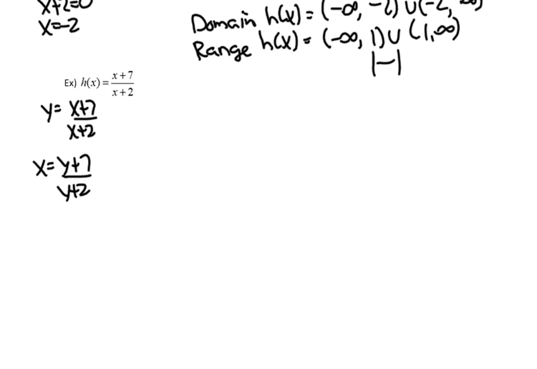Multiply both sides by the denominator. And I'm going to distribute the x. Now, I'm going to bring all of my y terms to the left. So I'm going to subtract the y. And I'm going to bring the 2x over to the right-hand side. So I'm going to subtract 2x from both sides. So plus.